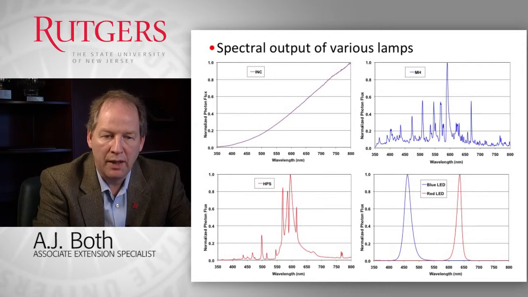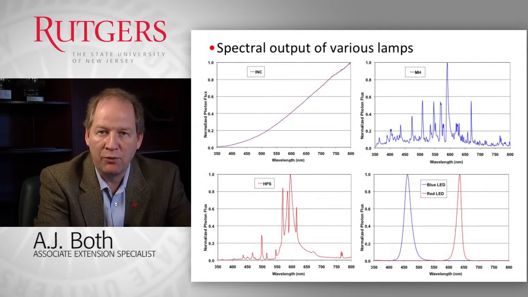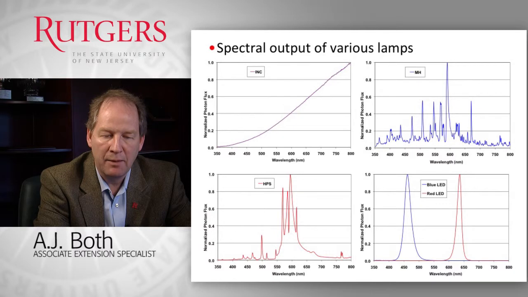To show you differences in spectral output from various lamps we use as supplemental light sources for plant production, you can see here measurements taken by a spectroradiometer for an incandescent lamp, a metal halide lamp, a high pressure sodium lamp, and a blue as well as a red LED.